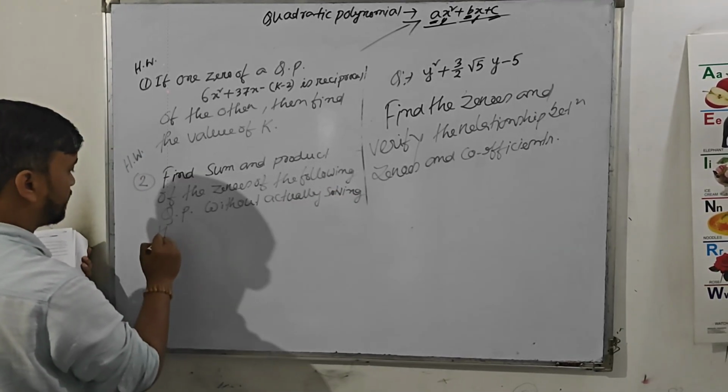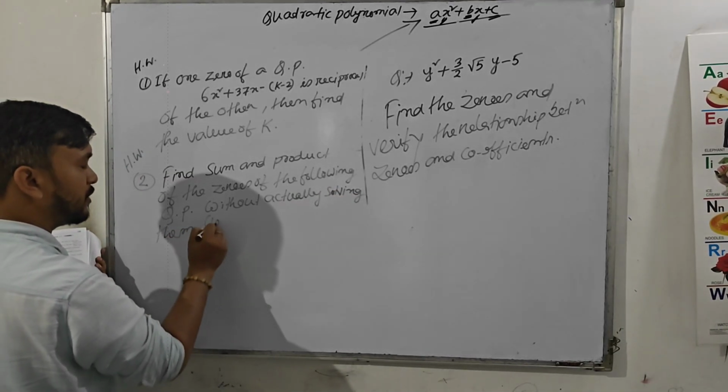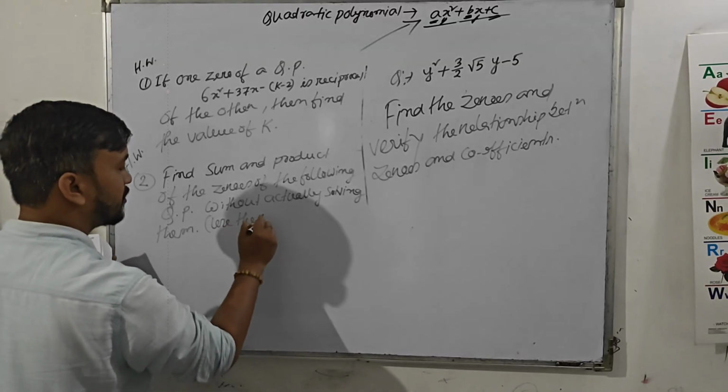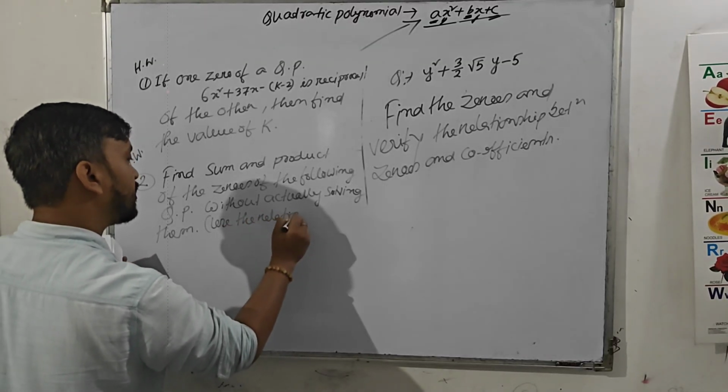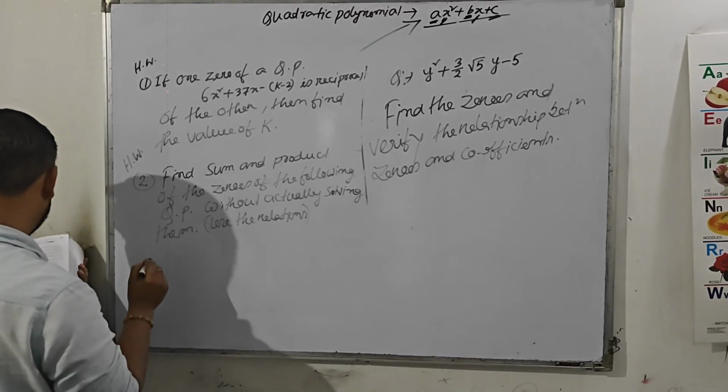That means use the relations alpha plus beta, alpha times beta.